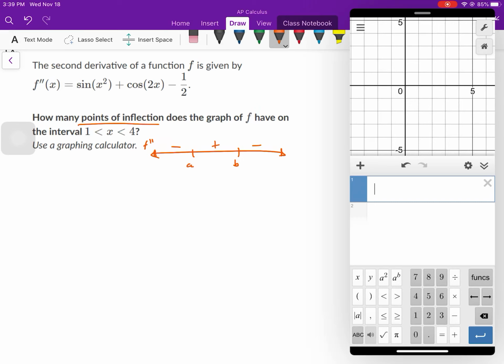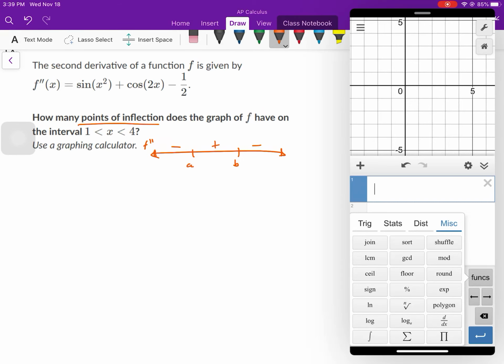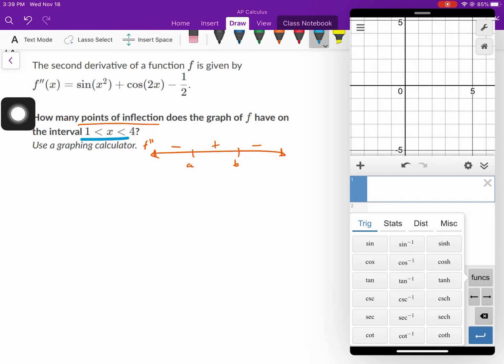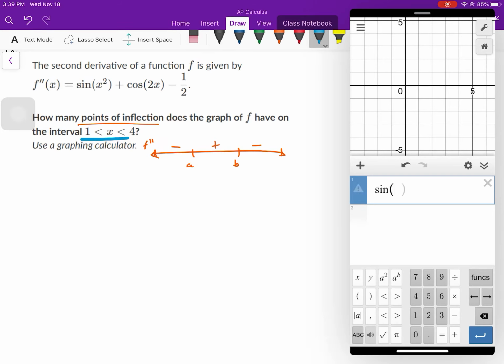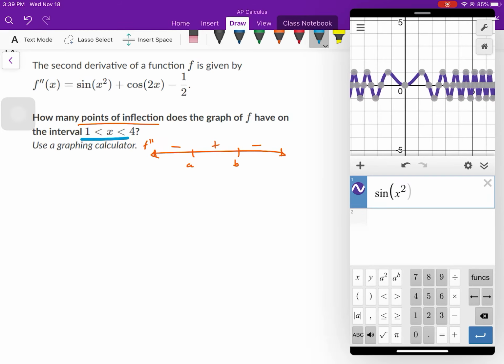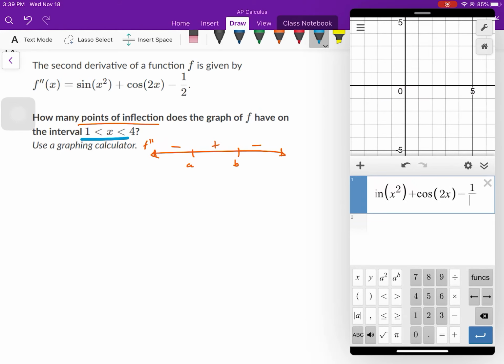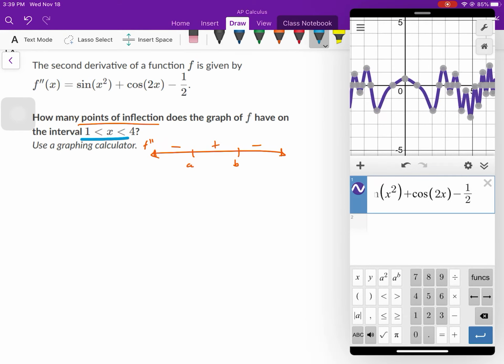So when is it changing from above and below the axis? And notice they're restricting our interval. Pay attention to that, from 1 to 4, because I'm looking at this trig and I'm like, man, this could be doing this forever and ever and ever. So let me go ahead and put sine of x squared plus cosine of 2x. This is brutal. Minus 1/2.